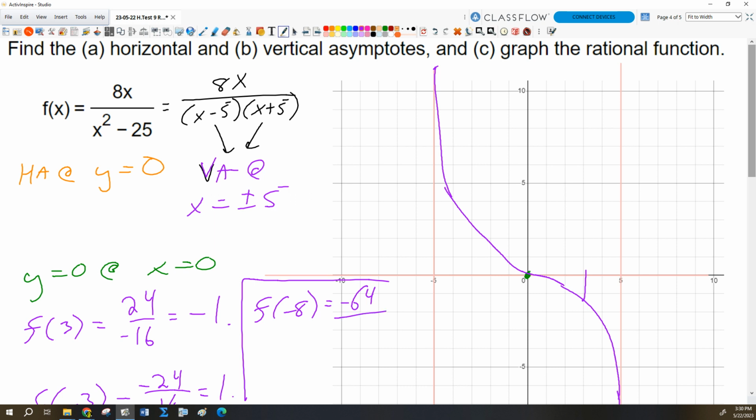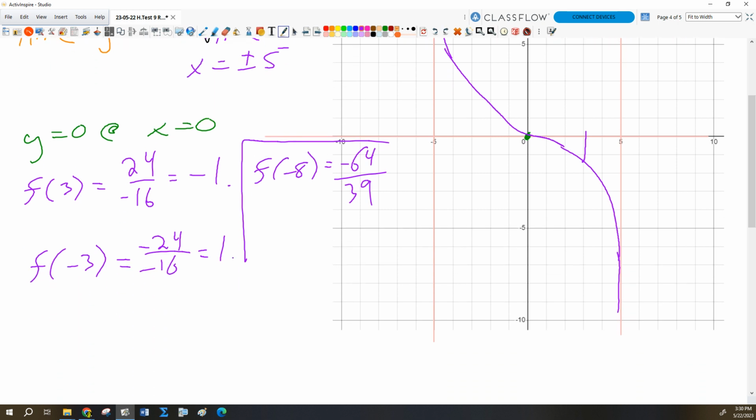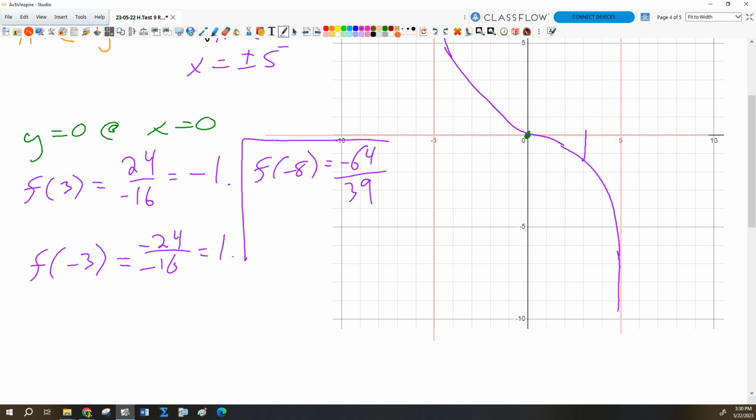And on the bottom, I'm going to get 64 minus 25, so 39. The important thing is positive or negative? Negative, yeah. So if I go out to negative 8, it was negative, which means it's coming down here. So what's that mean then? It's only one thing this thing could be doing. It never crosses the x-axis other than that one place. So doesn't it have to be doing that?